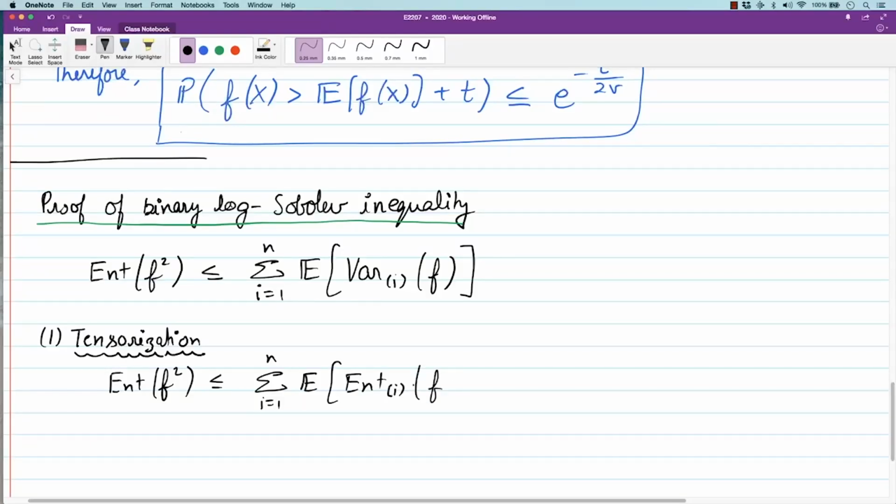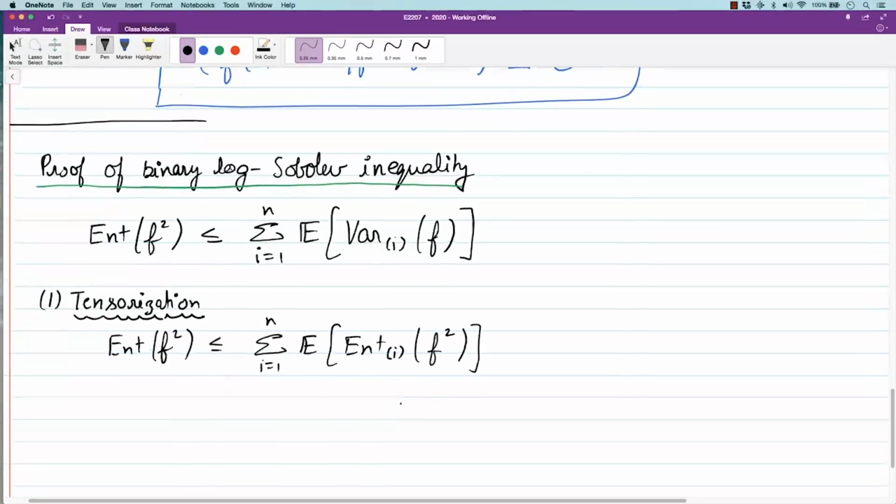You can call it the conditional entropy of f square. Okay, that's the first step.